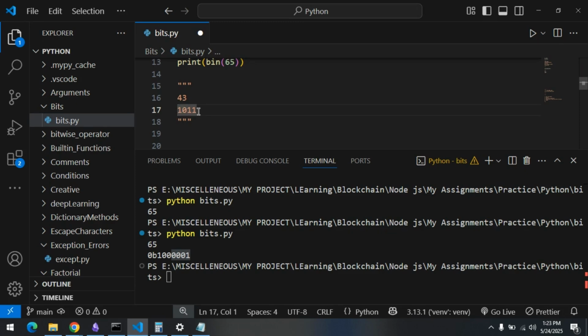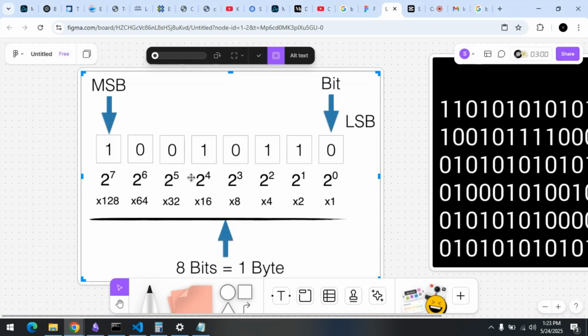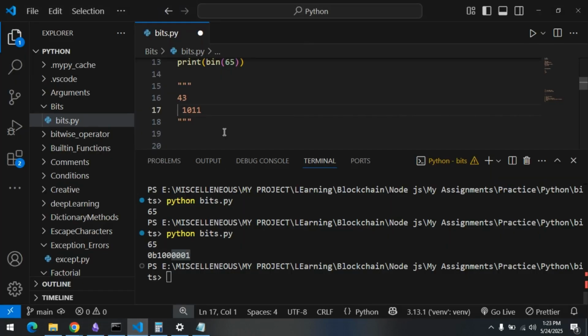For 43, we need a 2 raised to the power of 0, so this is going to be 1, and 2, 0, and then 2 raised to the power of 3 is 8, so we need an 8. 8 plus 3 is 11, and then we need a 32.